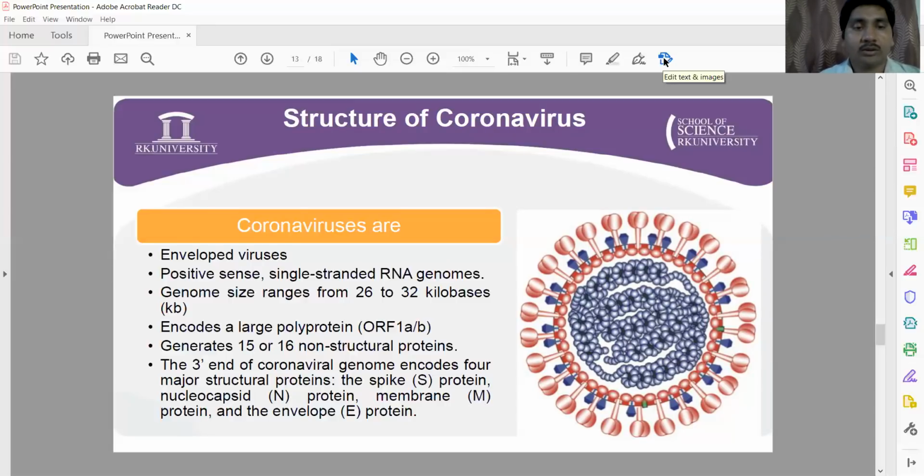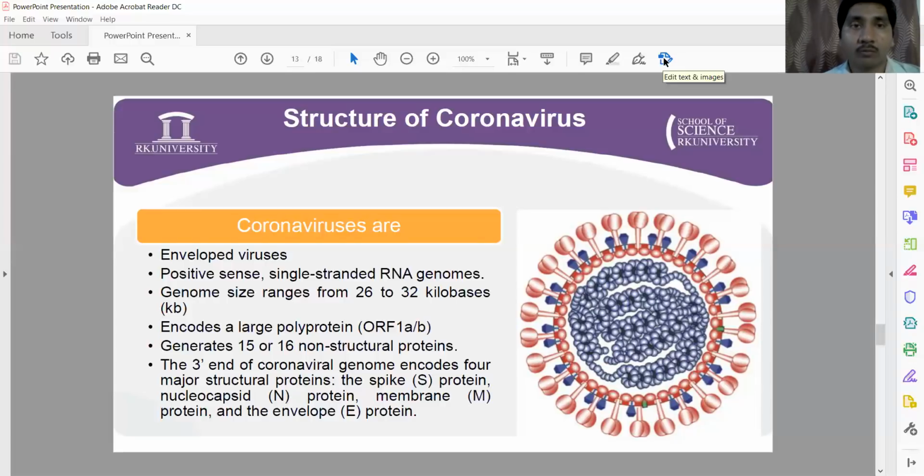Now, this 26 to 32 kilobase pair positive sense RNA genomic material produces around 15 to 16 non-structural proteins. That means those proteins which are not part of the structure of the virus. I hope you are all aware that the structure of viruses consists of capsomers, protomers, and the envelope.